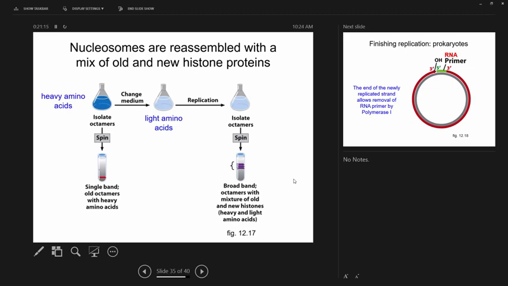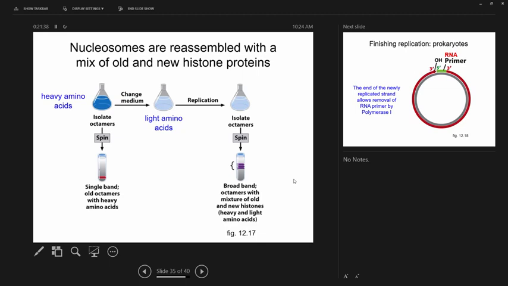Then you take out the octamers and look, you get a band at the heavy area. This is the same kind of gradient centrifugation as was done in the Meselson and Stahl experiment. Then change media, go to light amino acids, and allow one round of replication to occur.